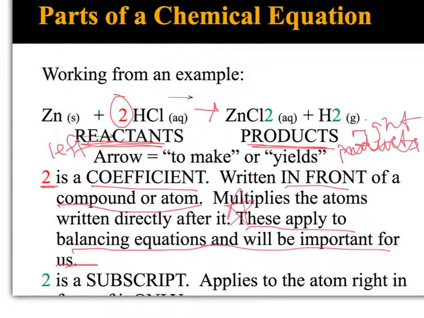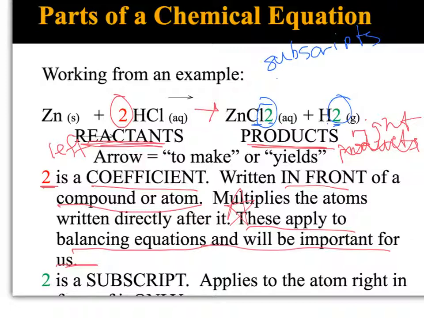This green 2 right here, and this green 2, we know that those are subscripts. We've been working with those. Subscripts apply to just the atom in front of them. So this subscript right here, this 2, applies to the Cl. This subscript right here applies to the H.